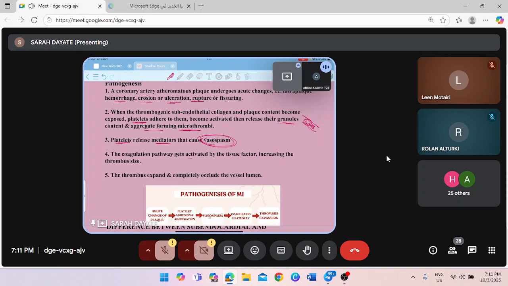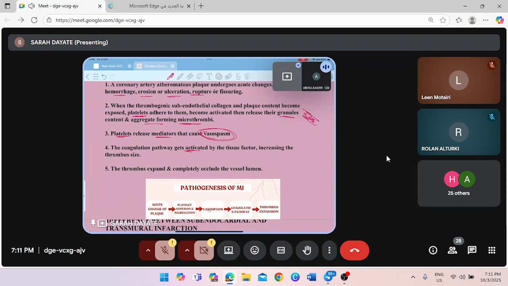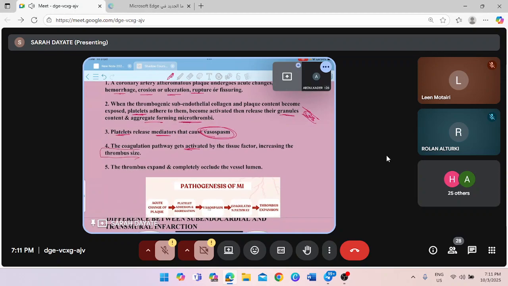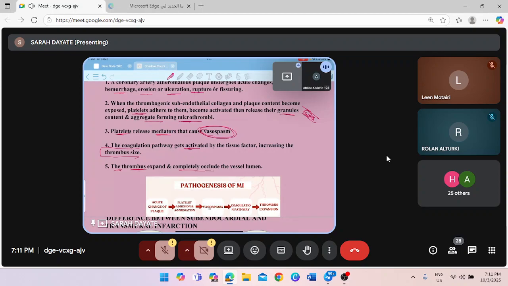The coagulation pathway gets activated by the tissue factor, increasing the thrombus site. So when this tissue has been closed or coagulated, you will see that the scar starts to increase in size, and the thrombus expands and completely occludes the vessel lumen.